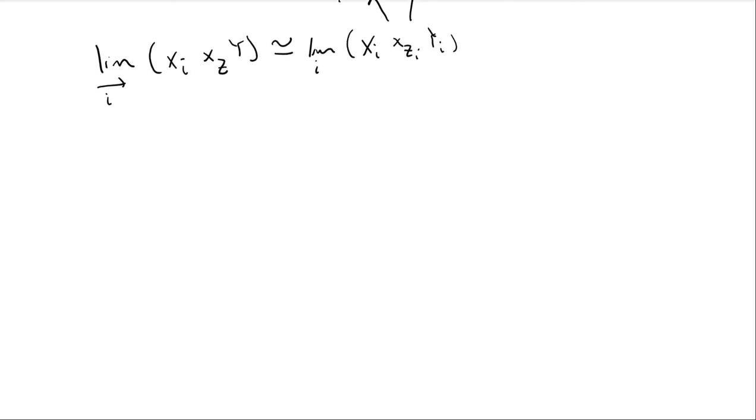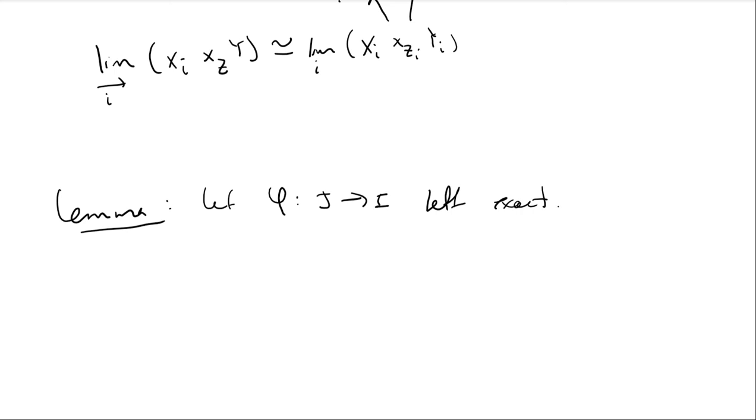Okay, next, another so-called lemma. Phi from J to I is a left exact functor. Then it is cofinal.